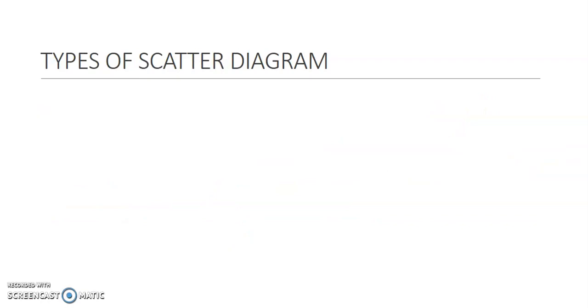There are a few types of scatter diagram that you might encounter later. The first one, you get a perfect straight line like this. If you get something like this, you can see that X and Y, the correlation is perfect positive.